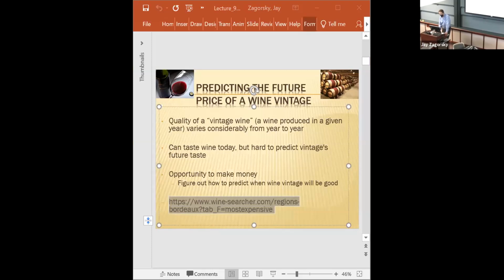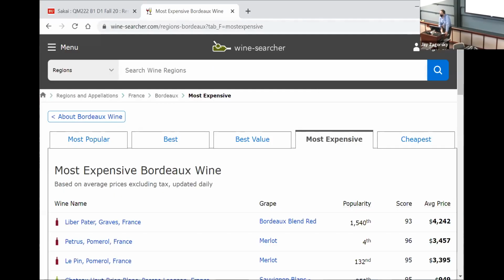Open up a new tab. So these are some of the most expensive wines. Let me do a sharing so you see the screen. This is called Wine Searcher. Wine Searcher is where you spend a lot of time looking up the prices of things if you're really interested in expensive wines.